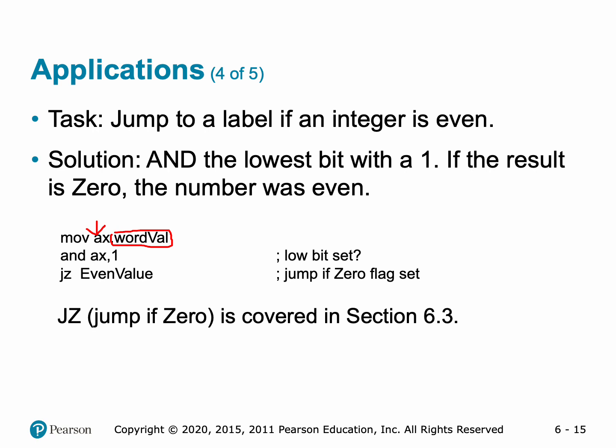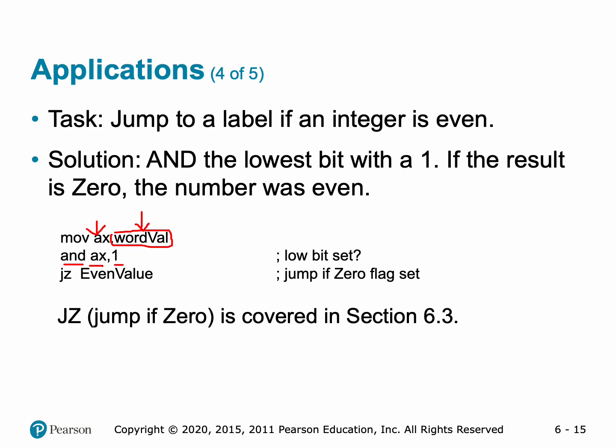We don't know what that number is, but it's inside this variable, wordVal. Then we AND AX with a 1, which means that we're ANDing the lowest bit with a 1, and if the result is 0, the number is an even number.